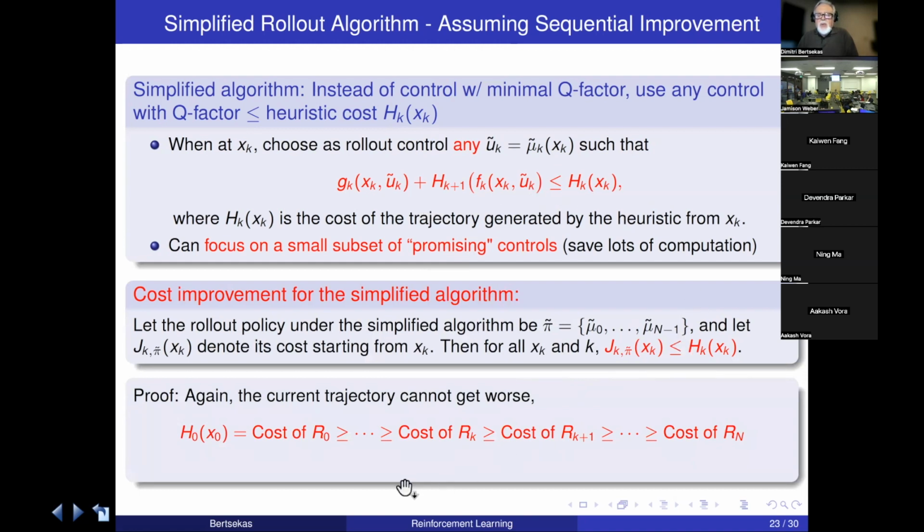This condition here is sufficient to guarantee that the current trajectory cannot get worse at every step. So we have that the current trajectory at time 0, which is the cost of the base heuristic, cannot become worse until the end, which gives us the cost of the trajectory that's generated by rollout. So it's the same proof. It's just identifying the critical part where we can cut corners and using this condition instead of the minimum of this being less than H_k of x.